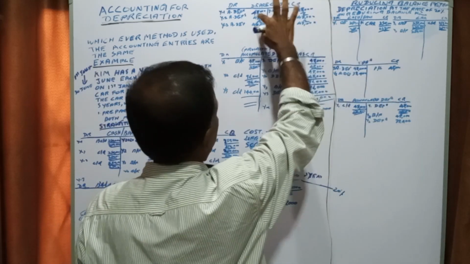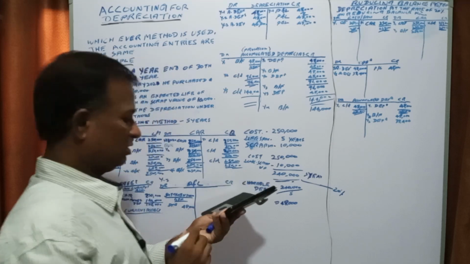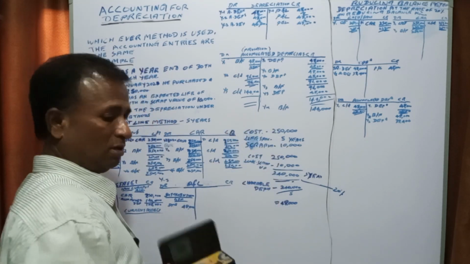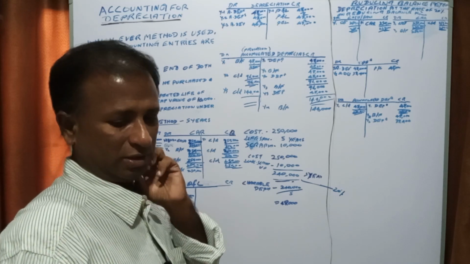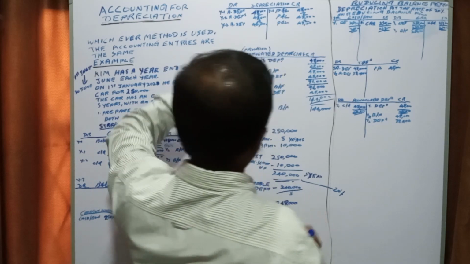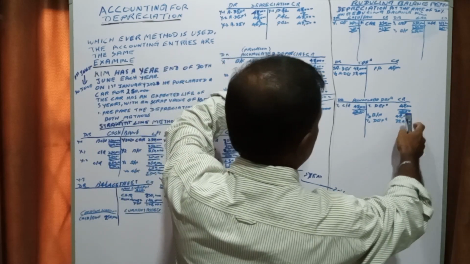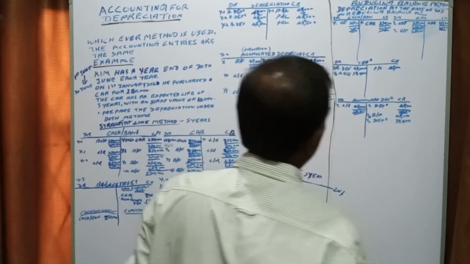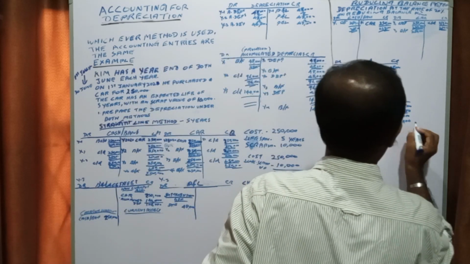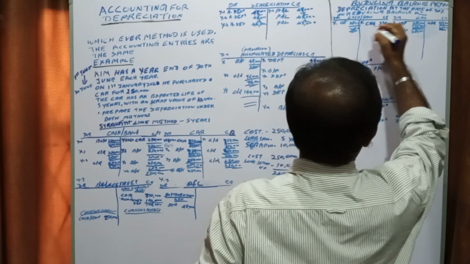First year it's the same, second year the amount differs because of different accounting policies we are adopting for depreciation. Here second year also 48,000. Here second year is 38,400. Okay, I will explain to you later, and we can carry it down.